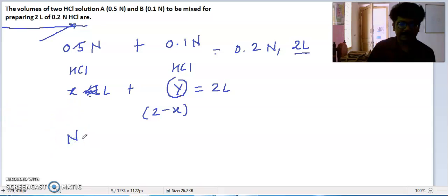Here it is normality. So N1V1 plus N2V2 is equal to N(V1 plus V2), that is given as 2 liter.